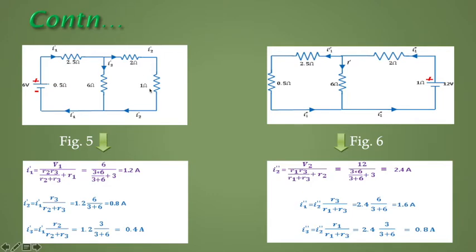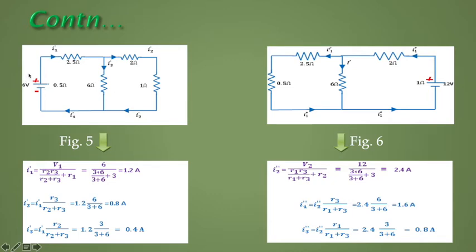Then here 1 and 2 ohm resistances are in series and this 3 ohm resistance is in parallel with the 6 ohm resistance, and the 0.5 ohm and 2.5 ohm make a 3 ohm resistance in series.